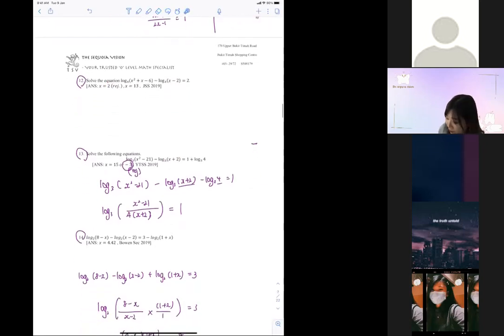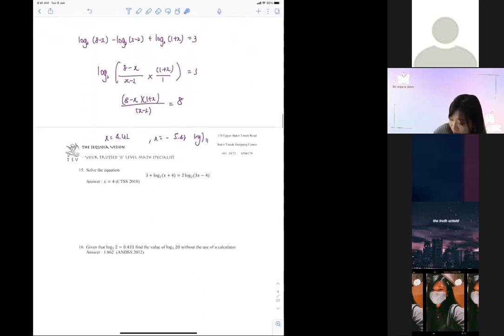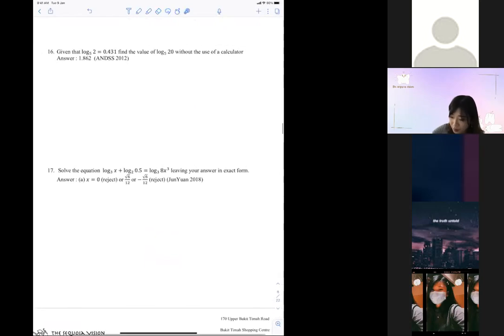All right, everybody back. Okay, so let's see from here onwards. Question 16. Okay. Log 520. They give you log 52 is this amount. They say without using calculator, so we can slowly do. Even though 20 is not a power of 5, 20 is 2 square times 5.